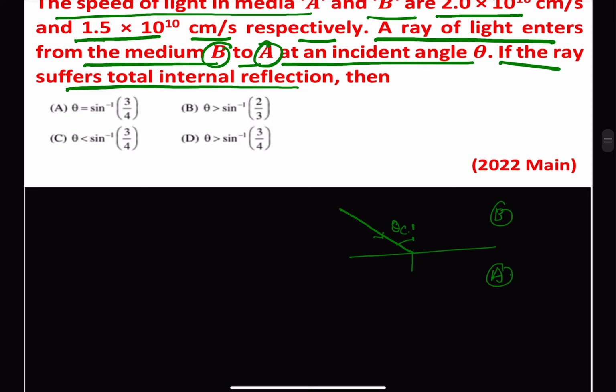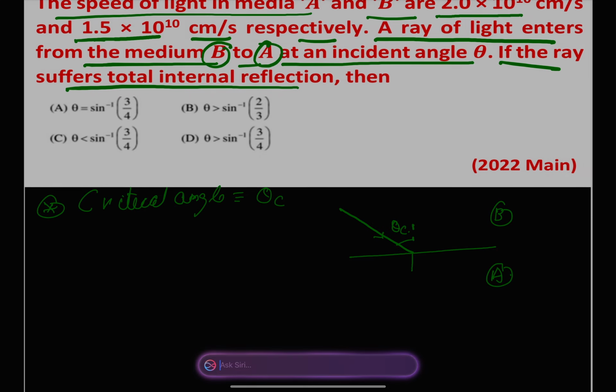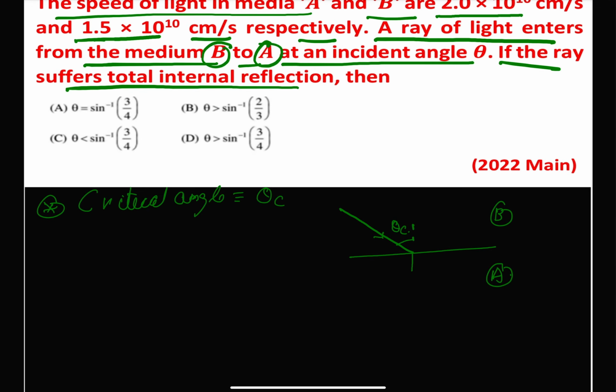Here the angle of incidence is given as theta, and the critical angle is theta C. Therefore we can say for total internal reflection, our theta should be greater than the critical angle. So we are mainly interested in finding theta C.